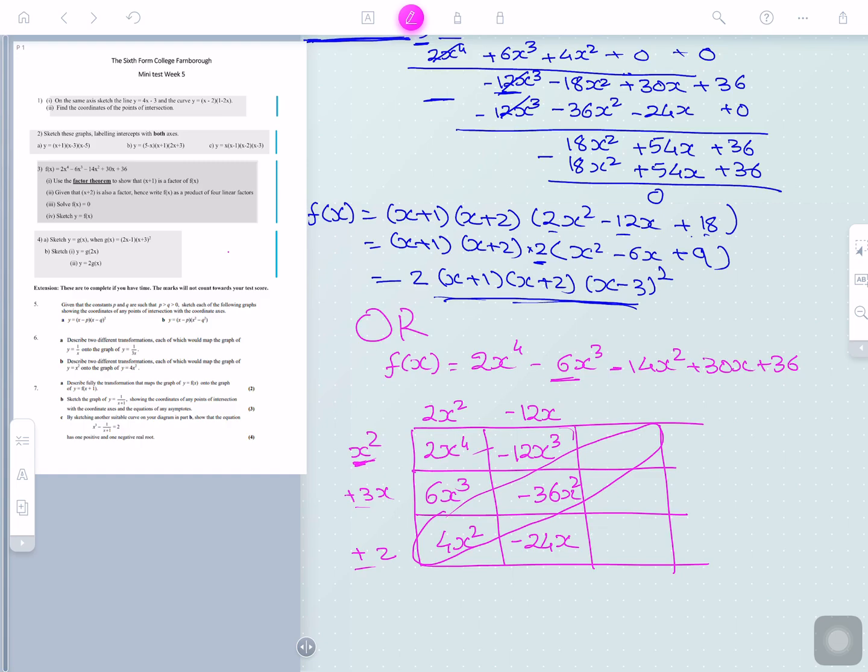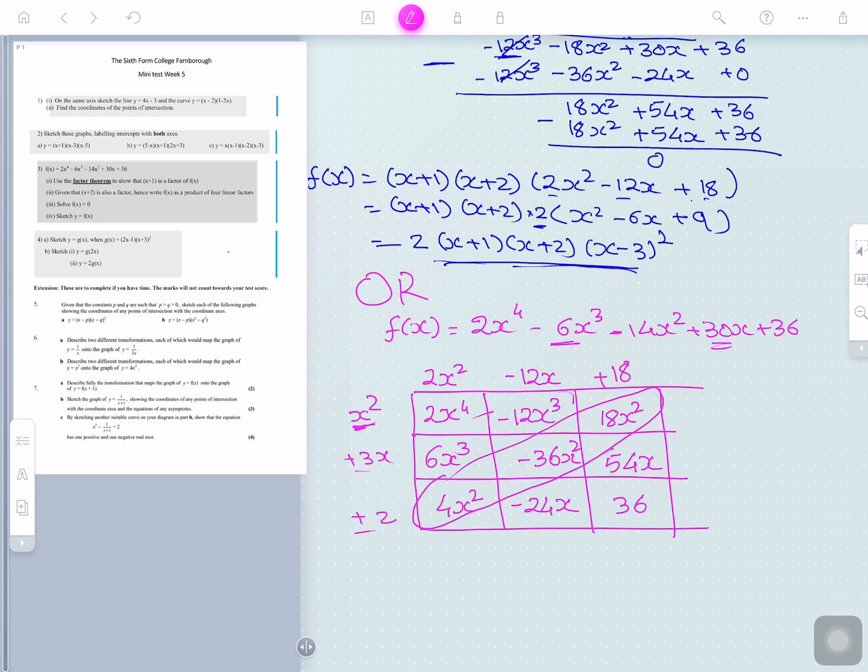Minus 14. So we've got minus 36 plus 4, which is minus 32. We want minus 14, so that will be 18x squared. So what will I times x squared by to get 18x squared? It is plus 18. And then 18 times 3 is 54, and 18 times 2 is 36. So 54 minus 24 is 30. Yes, it works. So it's a factor.